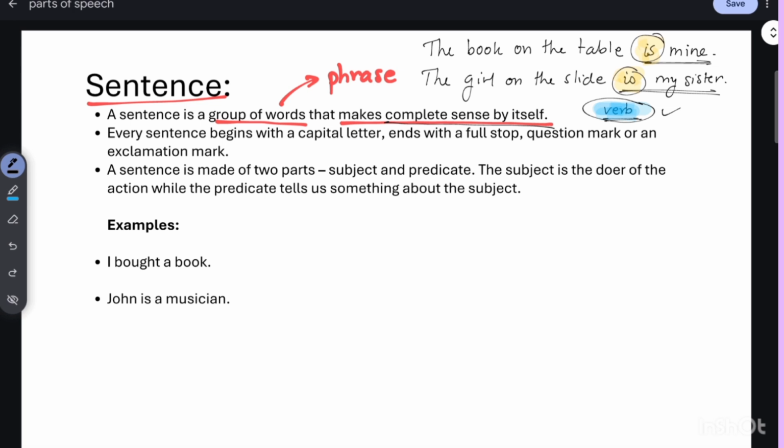Verb is an action describing word. For example, is talking about how a person is, the current state. I am writing, she's studying. So studying, writing, these are verbs because these are words that denote an action. We will study about this more in detail when we are studying parts of speech.